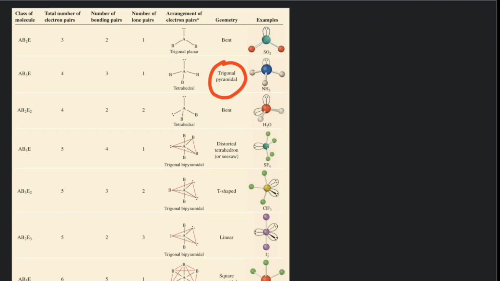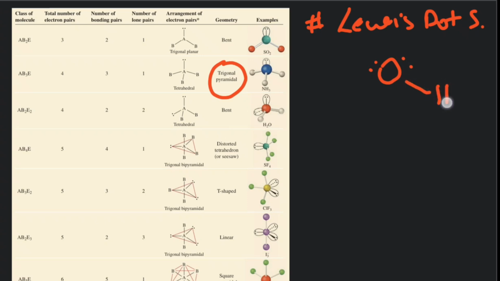The other example is water. We can draw the Lewis dot structure of water first. Water has two lone pairs, and it's connected to the hydrogen atoms.